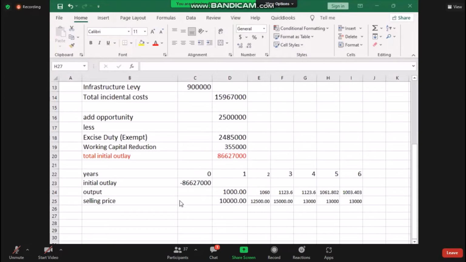Okay, so that is our selling price, and this is the output. What do we want to do? We want to determine the revenue. If you want to determine the revenue, ideally you're going to multiply the output by the selling price. So come and put revenue here.